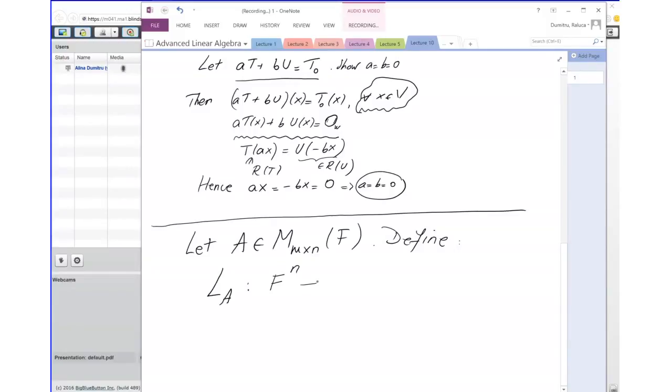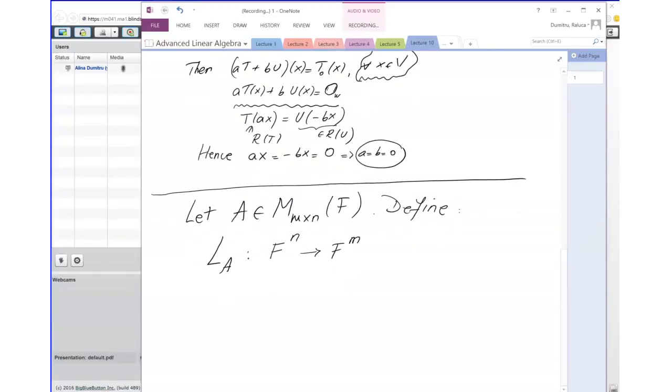So Fn to Fm. And this is just the left multiplication by A, hence the notation L sub A. So L sub A of x, where x is an n-tuple in Fn.